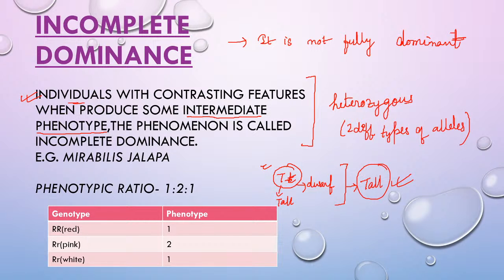But there is also a deviation from Mendelism, a drawback which Mendel did not notice, and this is said to be incomplete dominance.